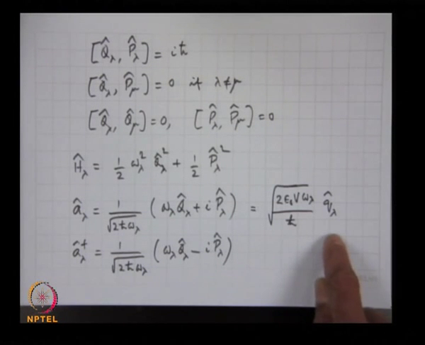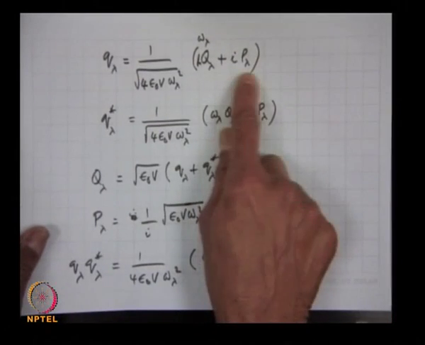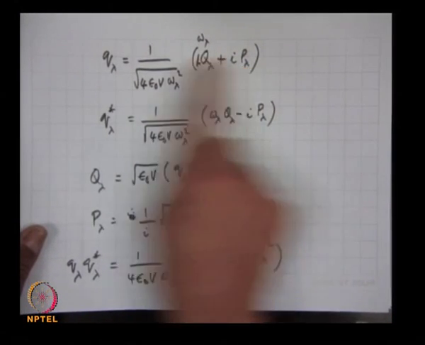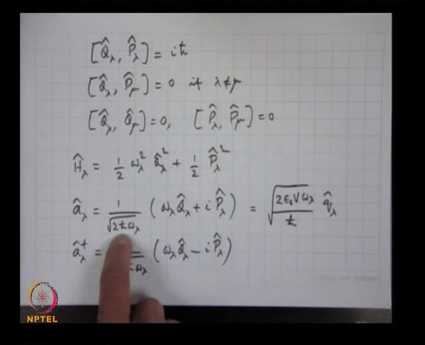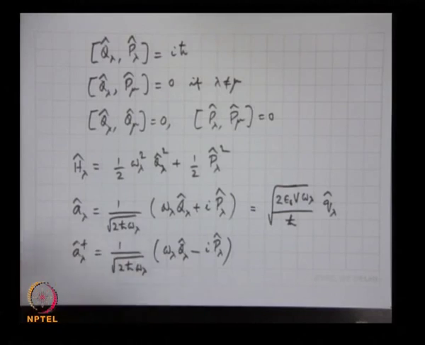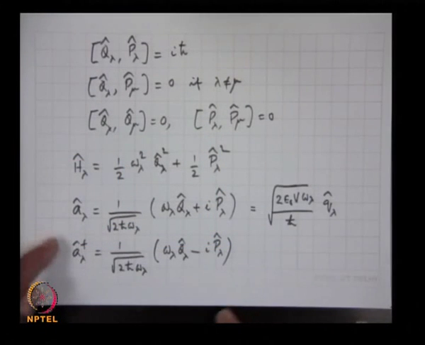But now q lambda has become an operator. Small q lambda is related to capital Q lambda and capital P lambda. These two are operators. This is also an operator. And because of the way I've defined, I've introduced some extra factors here, just like we did for the harmonic oscillator, to get an expression for the Hamiltonian in terms of h cross omega. So we have the two operators, the annihilation and the creation operators, and they are defined like this.